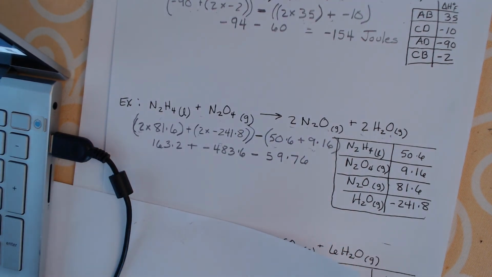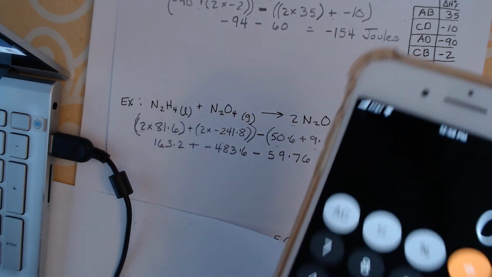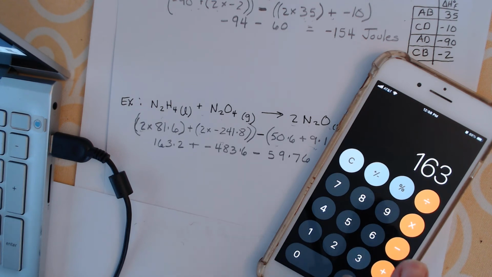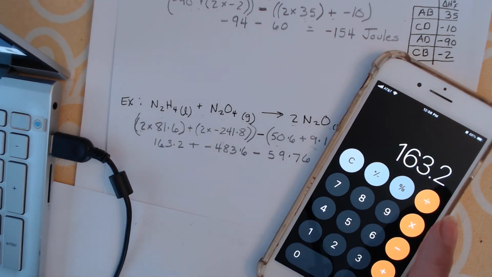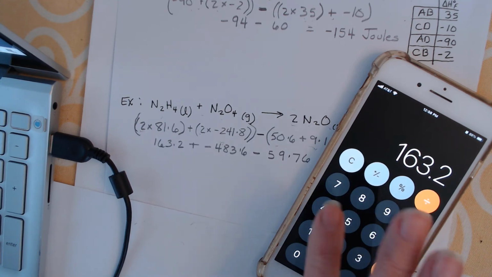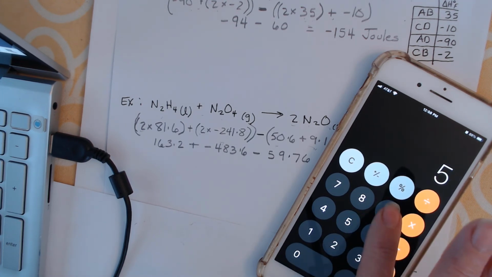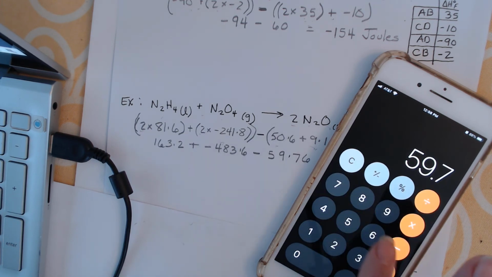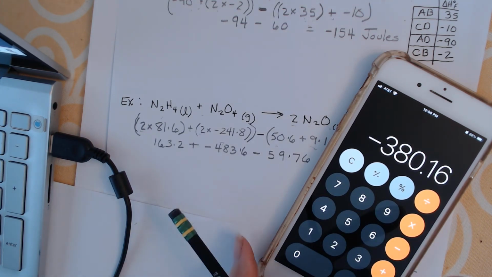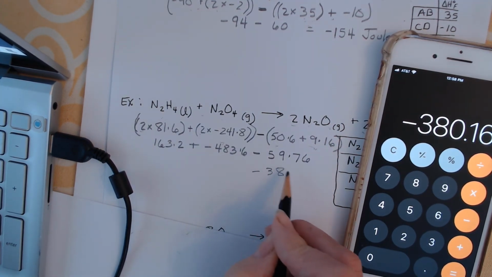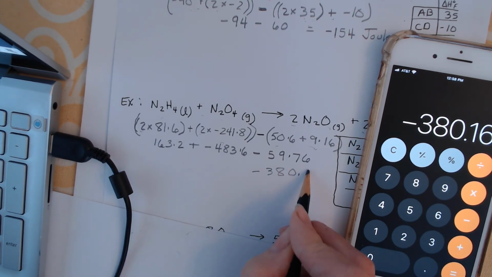And I'm going to break out the calculator just to keep things moving. Okay, so 163.2 minus 483.6 minus 59.76 equals negative 380.16.